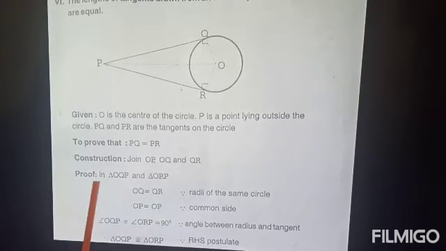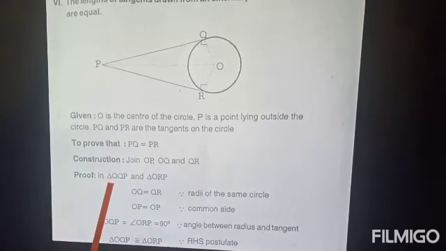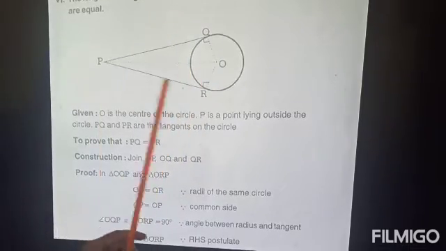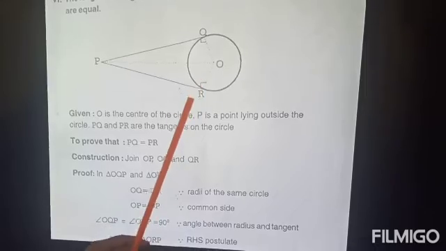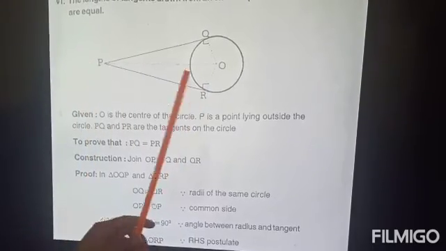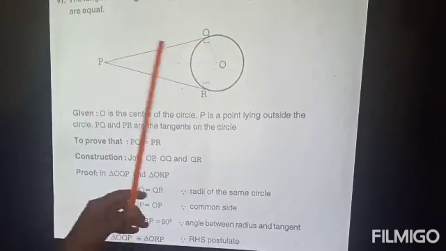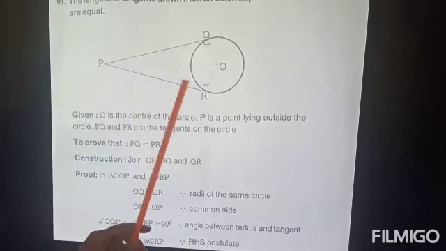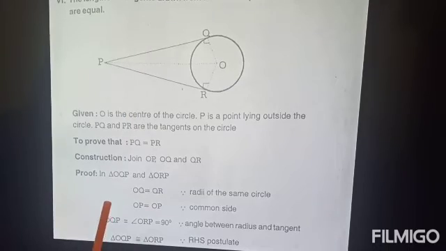Next, proof. In triangle OQP and triangle ORP, take these two triangles, then prove these two are congruent to each other.